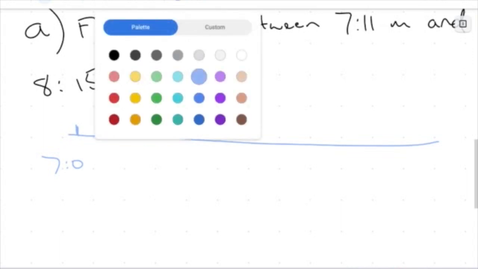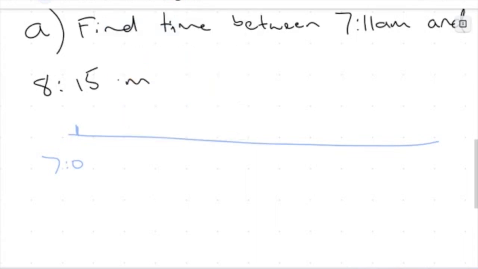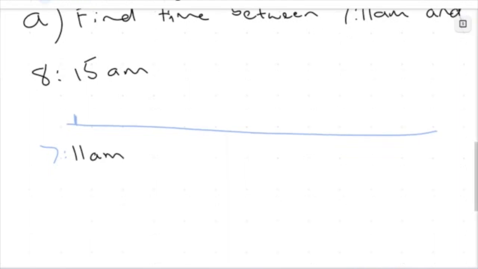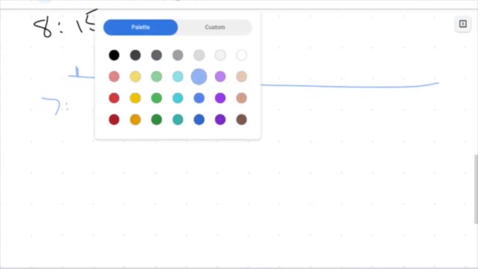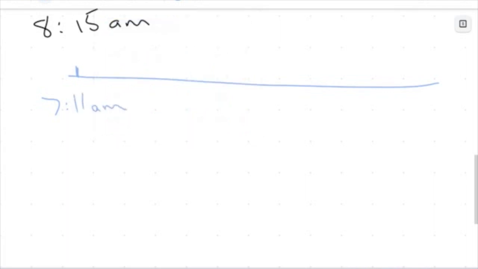Not that it matters too much with the calculation, but to keep it consistent with the question, let's do it like this. So, I have my time of 7:11 AM. Let's make that the same color. 7:11 AM to 8:15 AM.